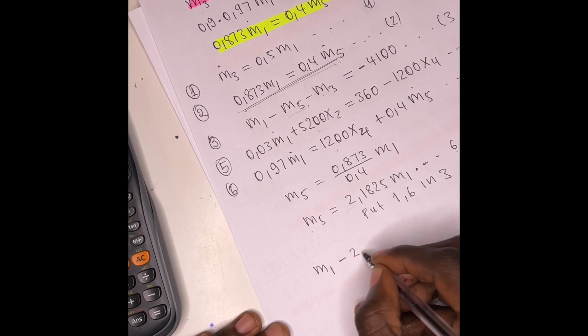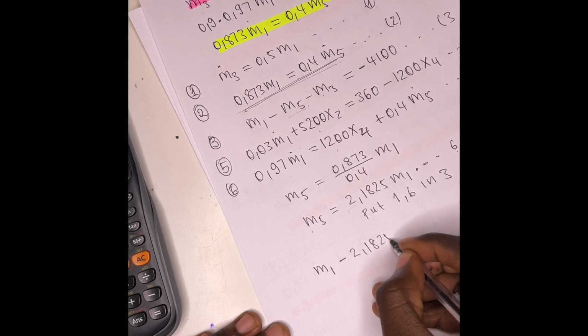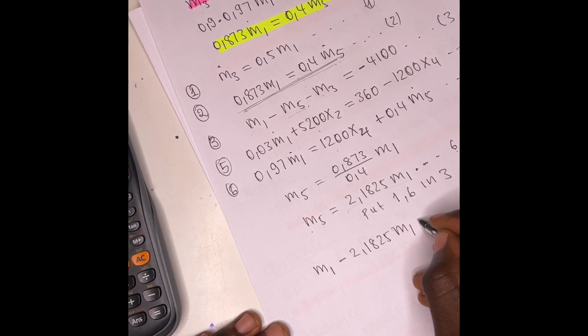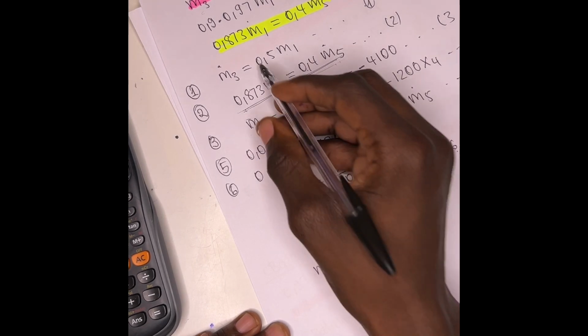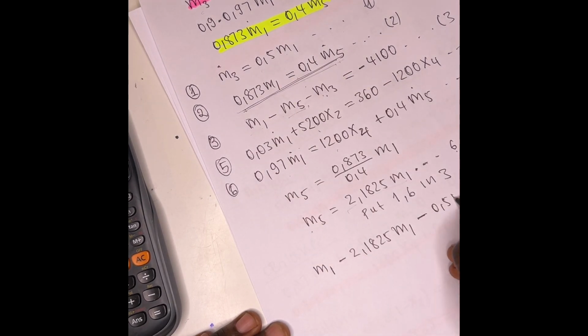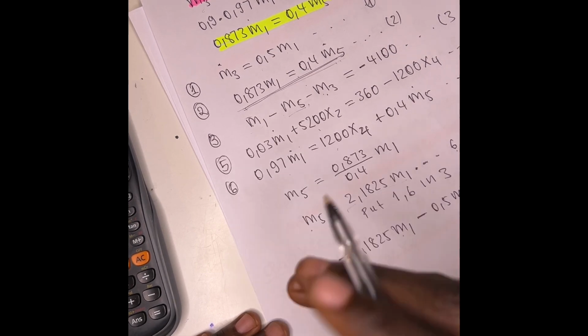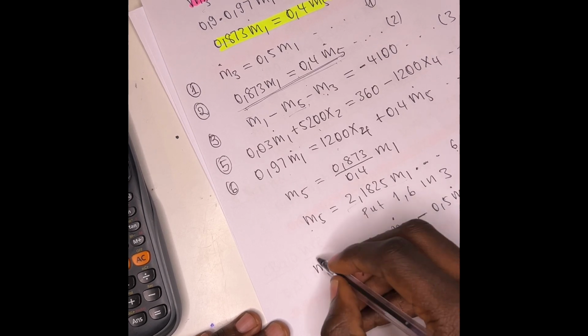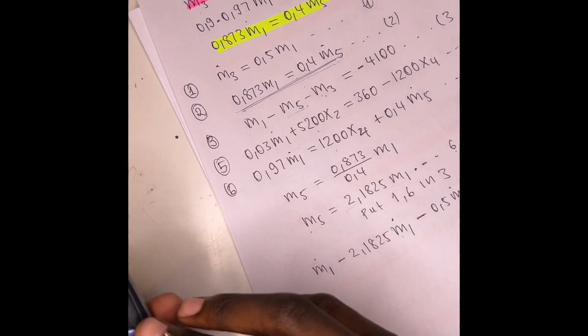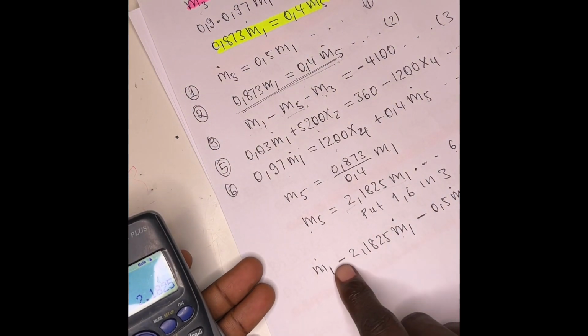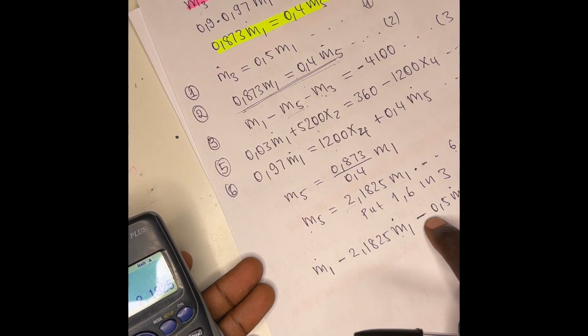It's already minus 2.1825 M1, minus M3. What is M3? It's 0.5 M1, and equal to minus 4100. Guys, can you see we have only M1, M1, M1. Well done, guys. So then from there we can solve. This guy's negative, and negative is going to be negative.